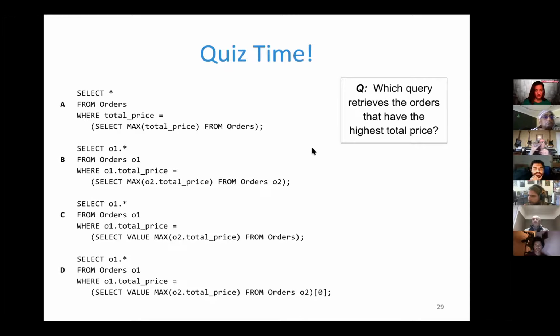So we have 4 formulations here. We have a quiz in the Zoom chat, so please open that up and take a stab at which of those will actually return what we're asking for.